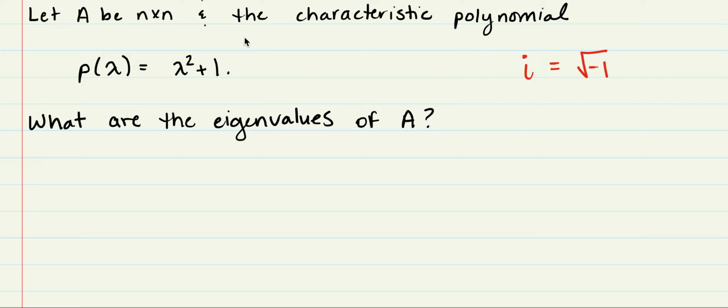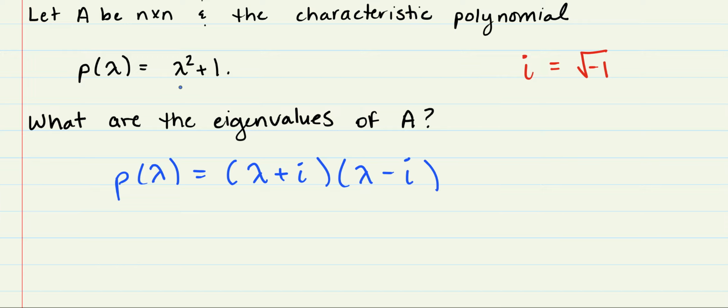Okay, so for something like this, we should be able to factor it. We're going to say P of lambda is equal to (lambda plus i) times (lambda minus i).